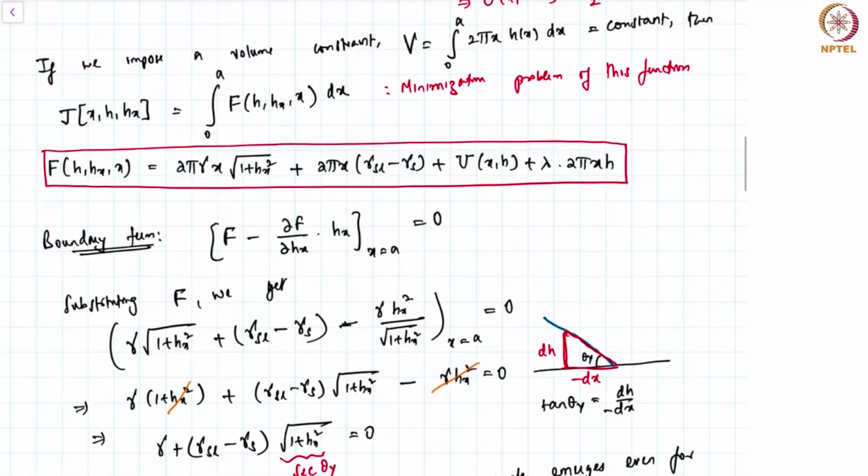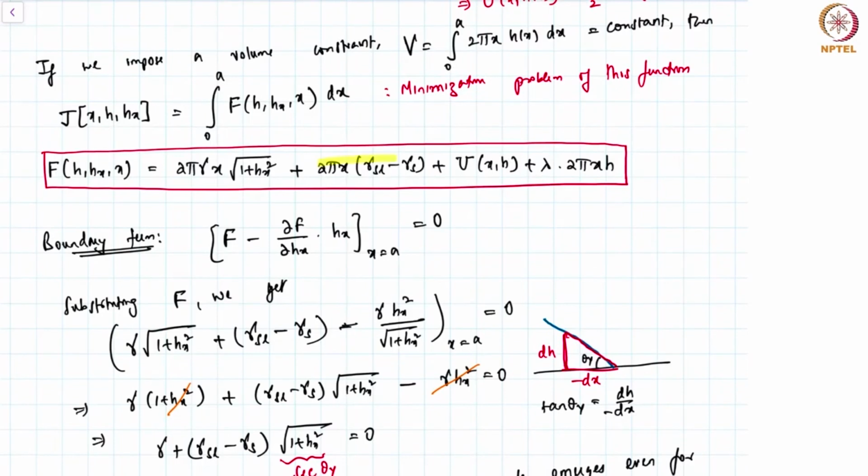Now, if you look at the next one here, if you integrate this quantity, then you basically cover the surface area. This is the projected area of the droplet on the solid surface. This is the wetting area of the droplet on the solid surface. And this is the change in the energy because of that wetting.